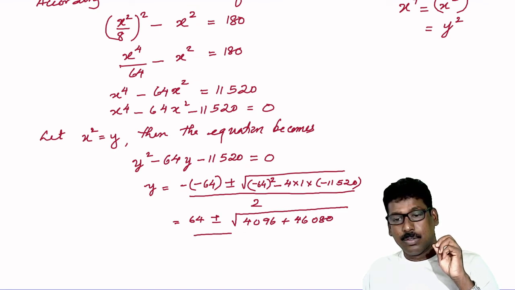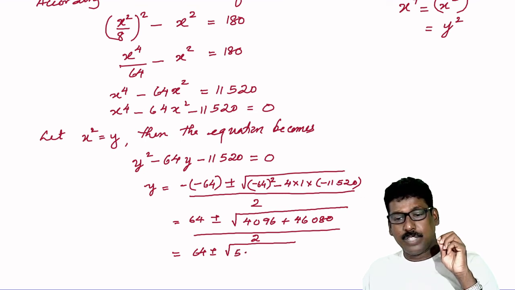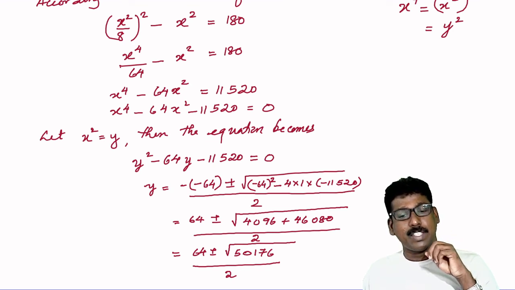Now whole divided by 2, that is 64 plus or minus square root of 4096 plus 46,080, it is 50,176 you will get, divided by 2. Now the square root of 50,176 is 224.